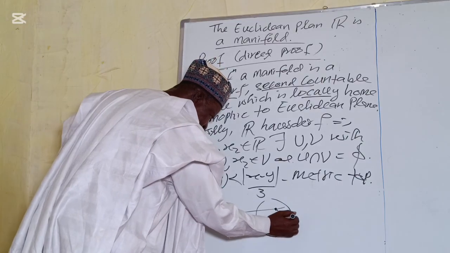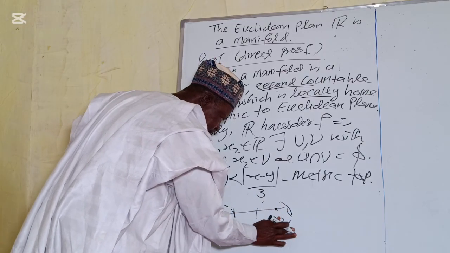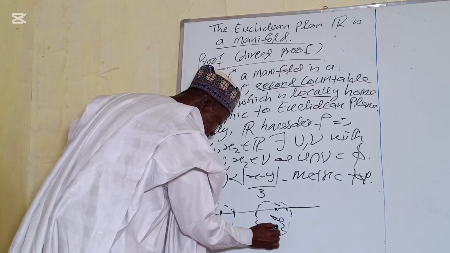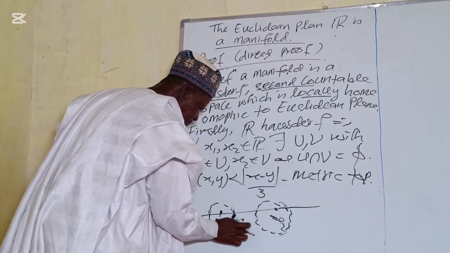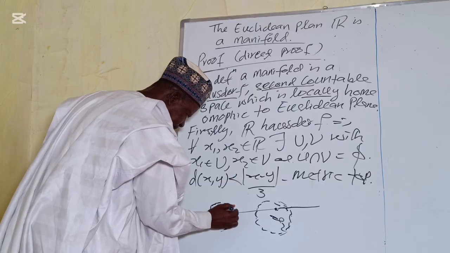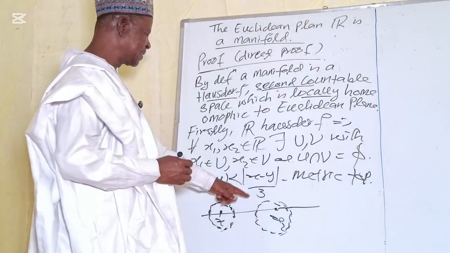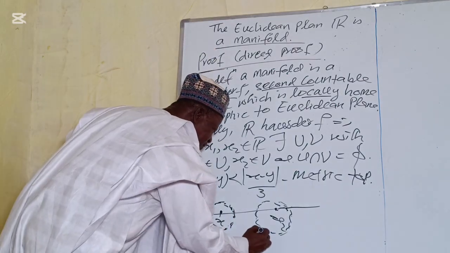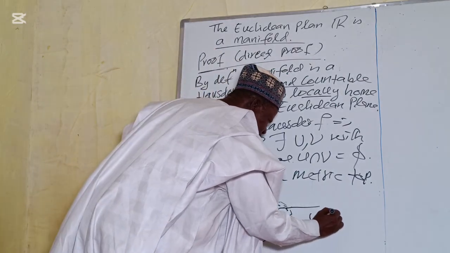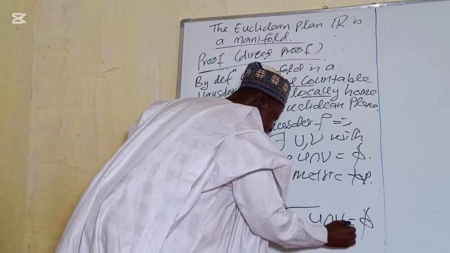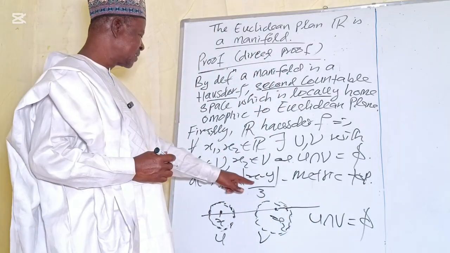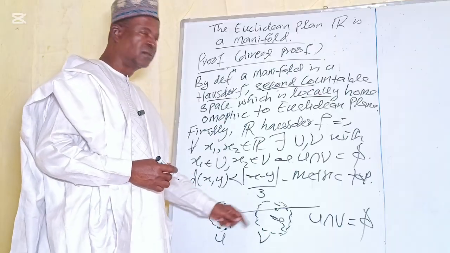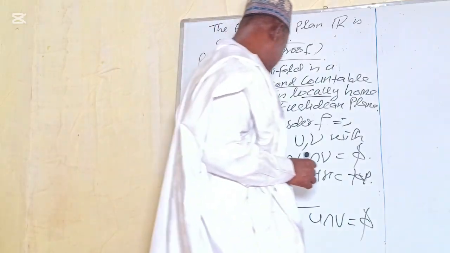I will also have an open ball around x2. Whatever the distance is, this can be U, this will be V, and we can see U intersection V will be empty.